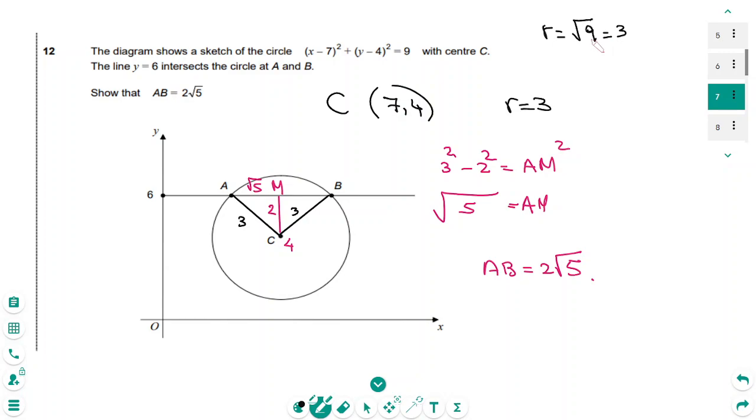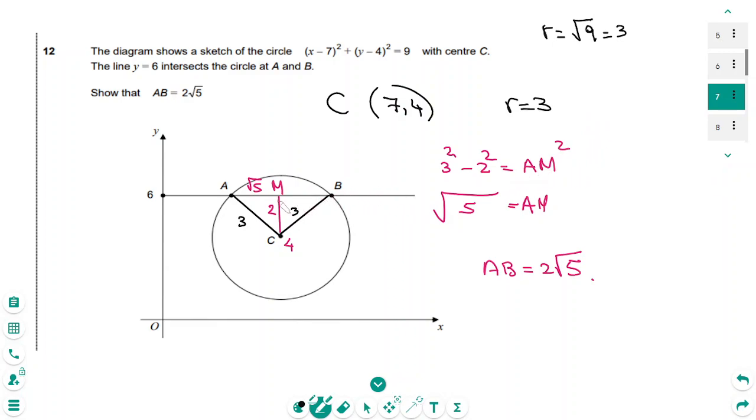We also know that the line y is 6 intersects the circle at A and B. If you see here I have a triangle that is an isosceles triangle, and you may also draw the height of this triangle AC and B and find the AM, because if the AM is root 5, this is a midpoint, so the total is 2 root 5.